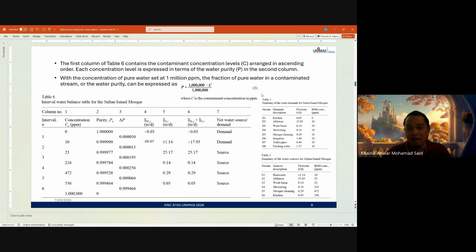You need to identify the demand and the source first. So the demand and the source are based on the water distribution network at the Sultan Ismail mosque. The water distribution network, the water demand, is this.